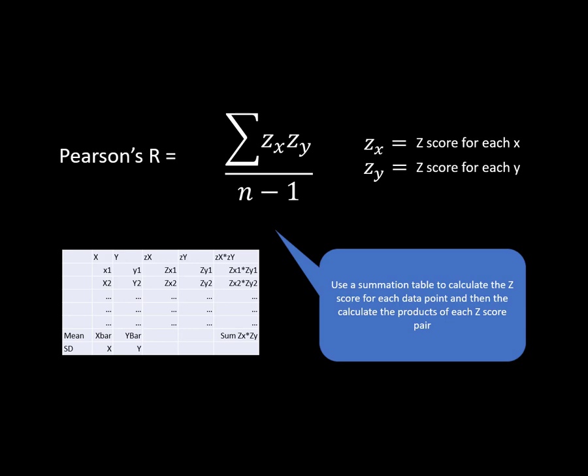That gives you the z-scores, which you then multiply together, add up those products, and divide by n minus 1. You can check the lecture notes or your text for more details if you need them about how to do this summation table. The version that I've given you here assumes that you can compute those z-scores on the fly.